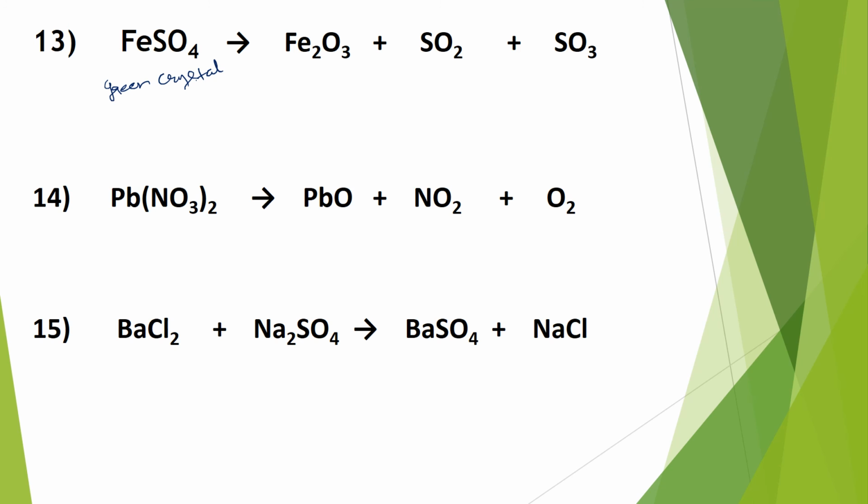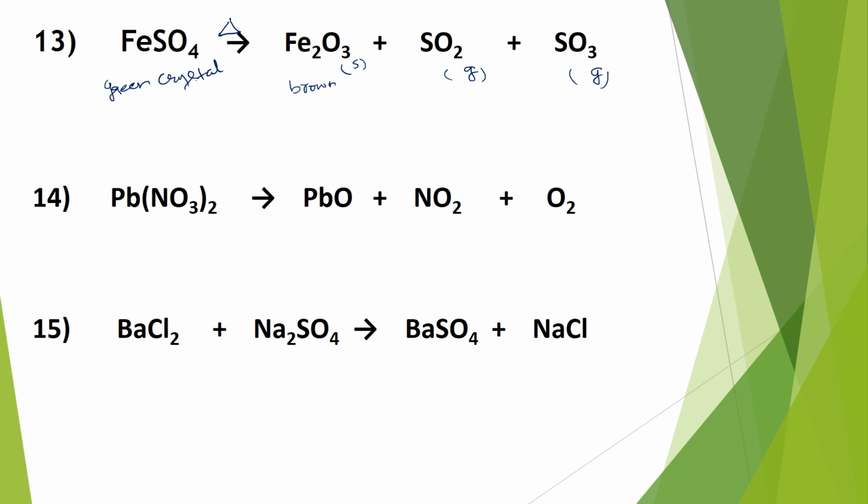This is a salt, and on heating ferrous sulfate decomposes to form ferric oxide, sulfur dioxide and sulfur trioxide. These both are gases. It has a particular smell of burning sulfur, and ferric oxide is brown in color. It is a solid.